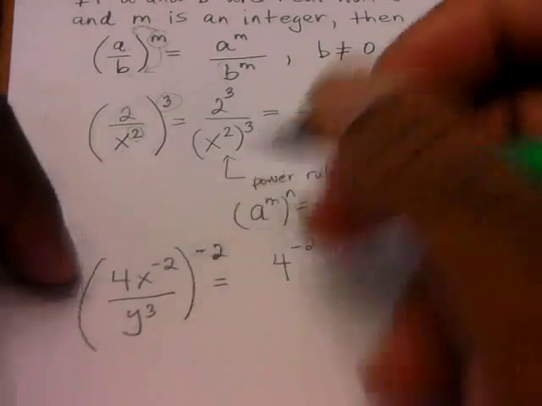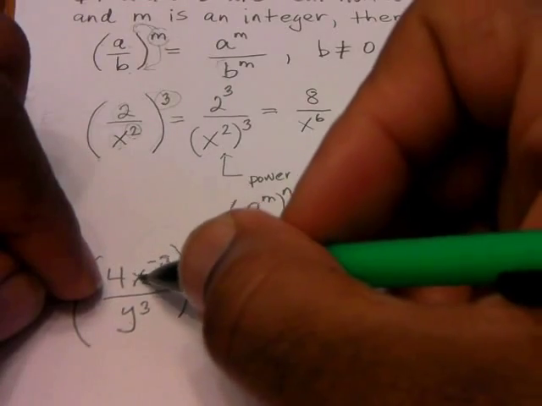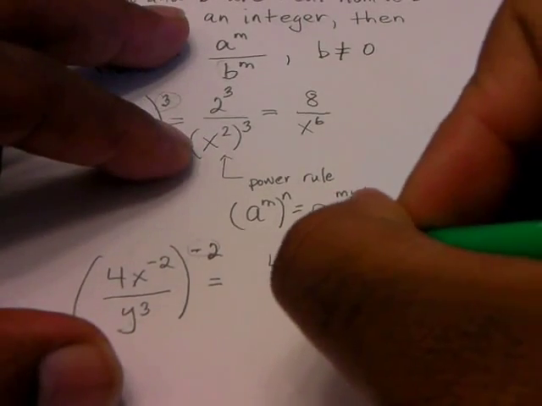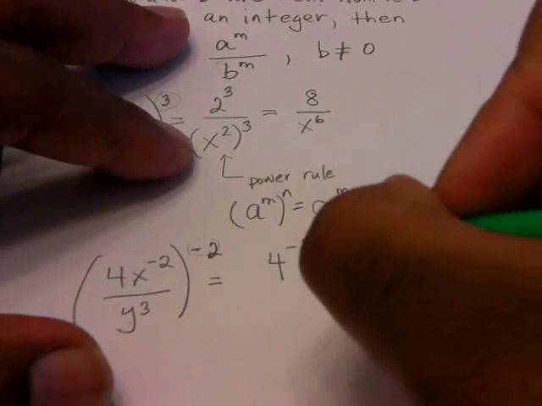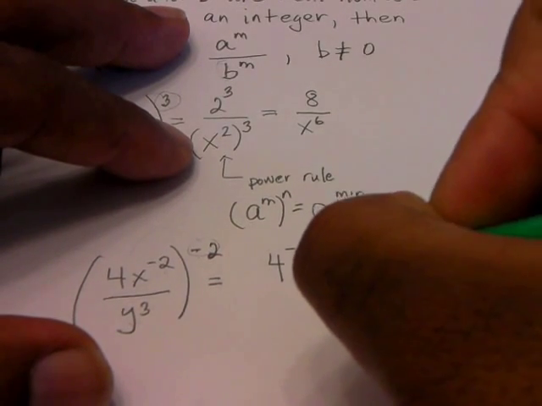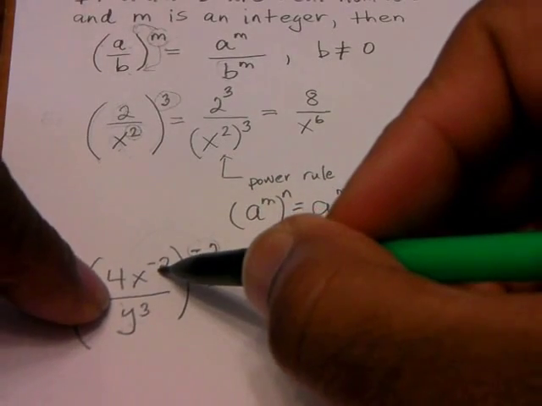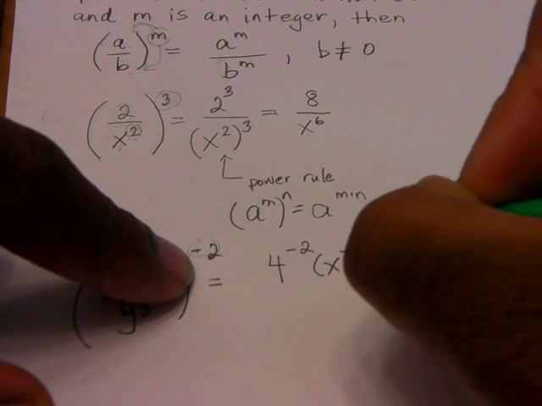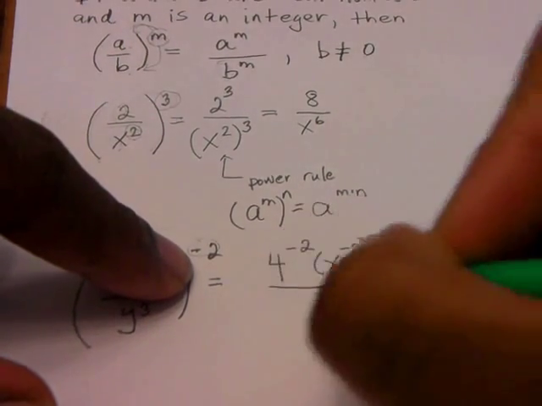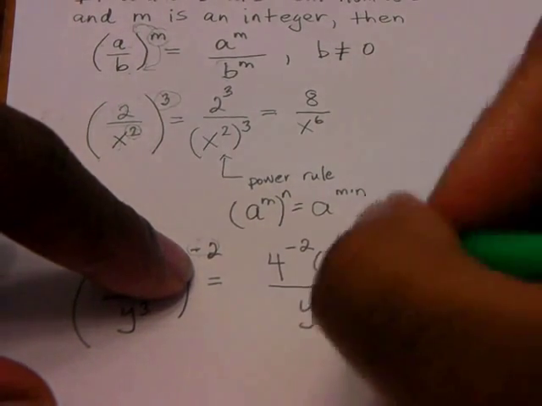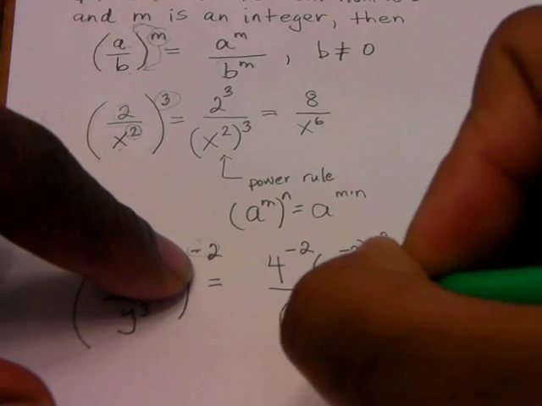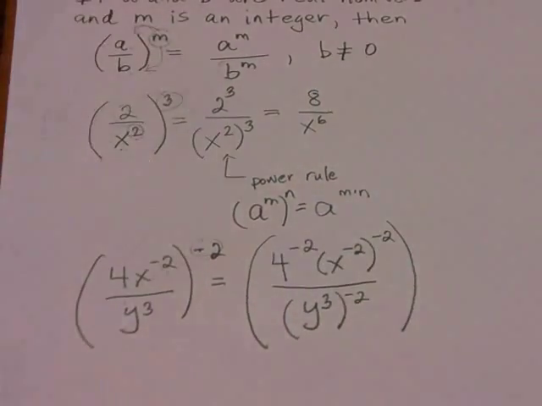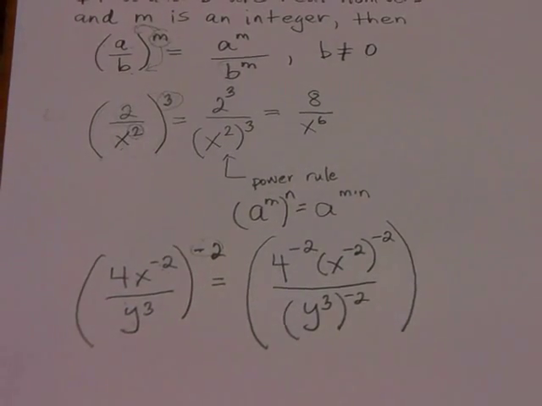Then we're going to separate x with parentheses, because x raised to the power of negative 2 is already there, and we're going to raise it again to a negative 2, over y to the third raised to a negative 2. All of that is the quotient.